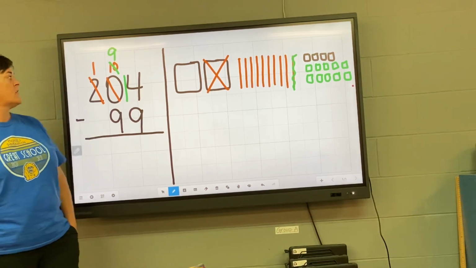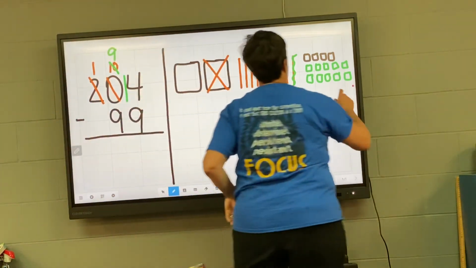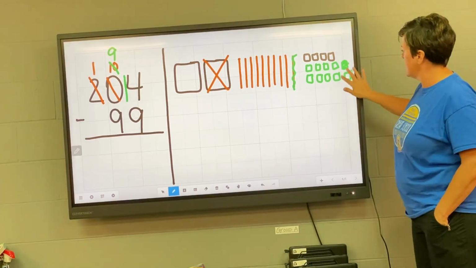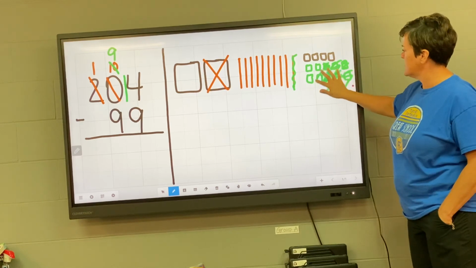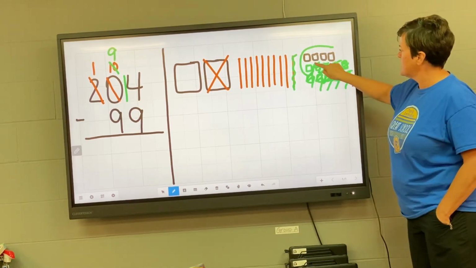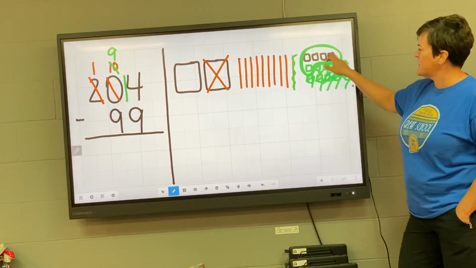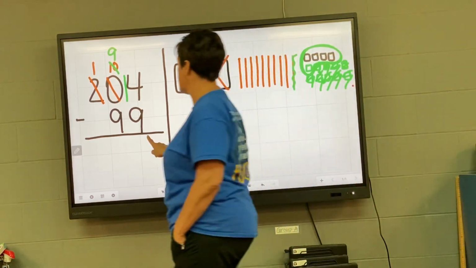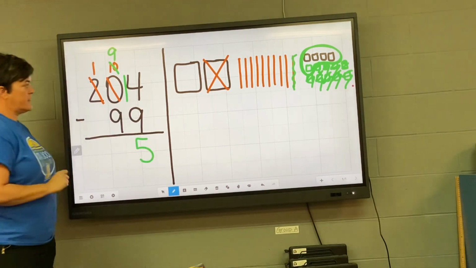Yes. All right, if I have 14 1s and I take away 9. 1, 2, 3, 4, 5, 6, 7, 8, 9. How many 1s do I have left here? 4 and this 1, so I have 5 ones left. 14 minus 9 is 5.